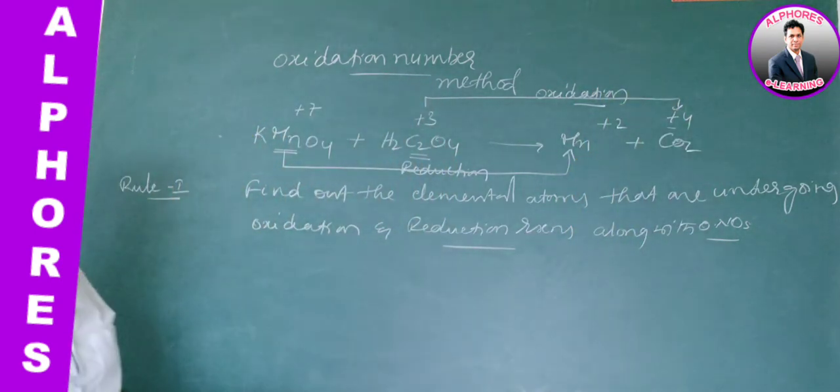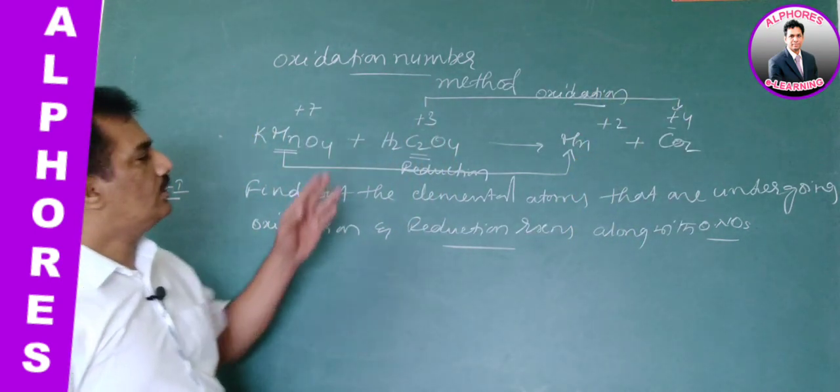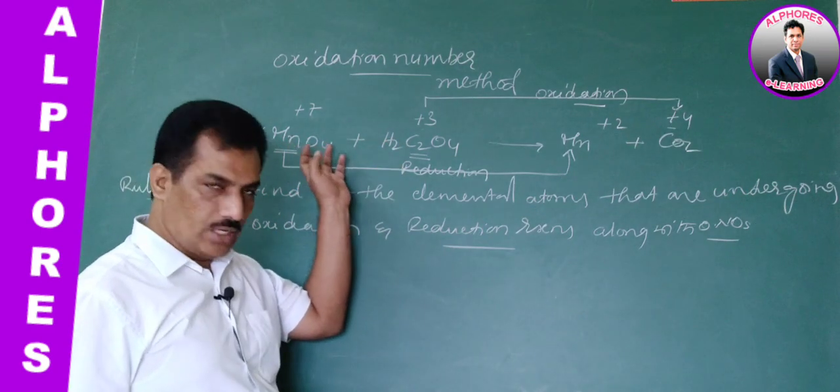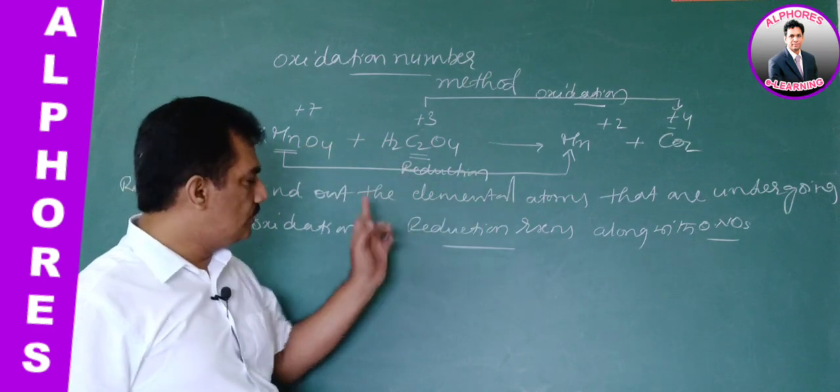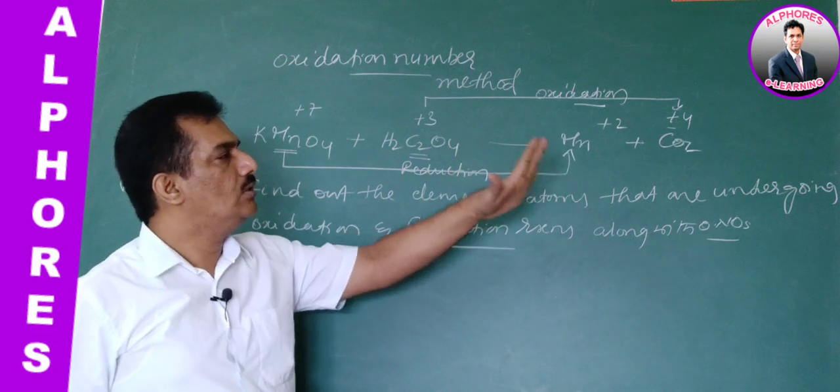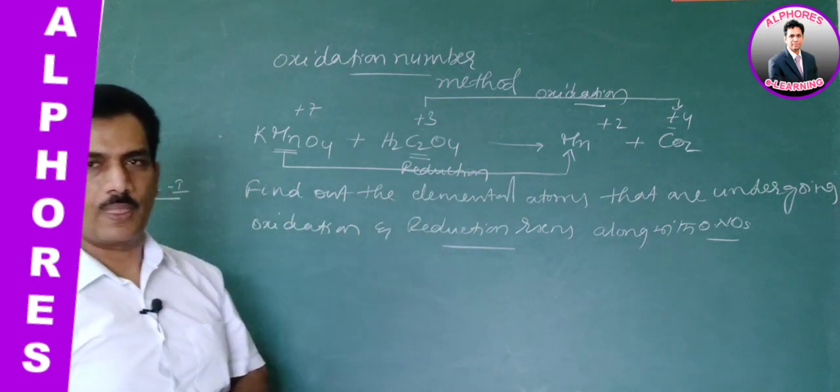So as per the first rule, we identified the elemental atoms undergoing oxidation and reduction with their oxidation numbers.